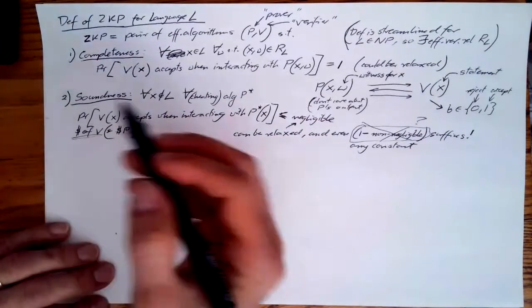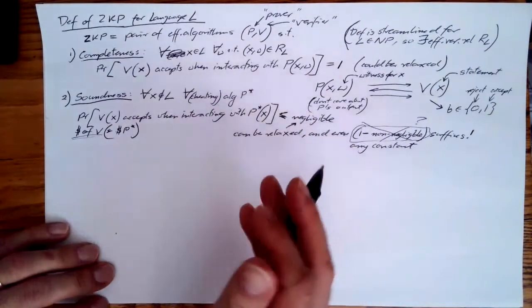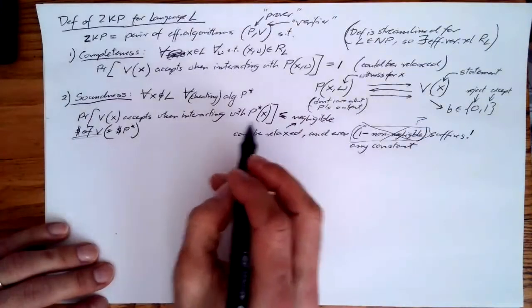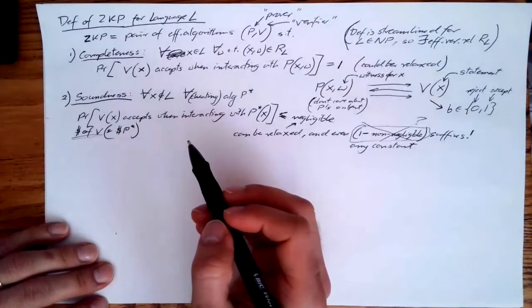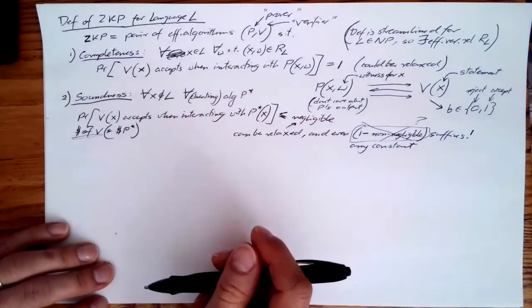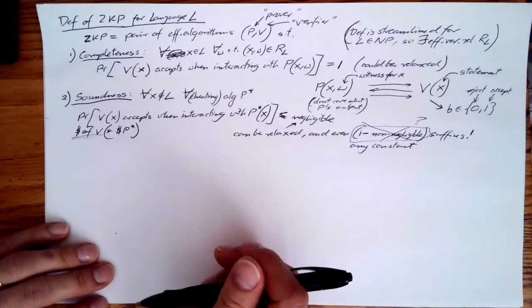And if the probability over random execution of V is that with 1/2 probability, it can be skewed to accept even on a wrong statement, well, when I run it 100 times, the probability that I will throw this bad coin every time is just 2 to the minus 100, right?